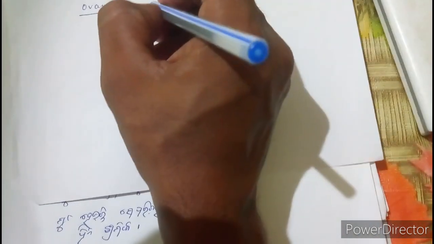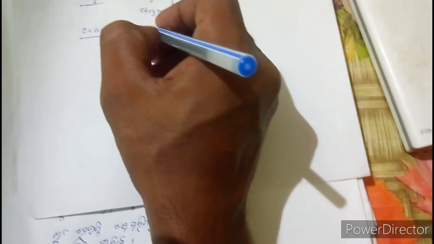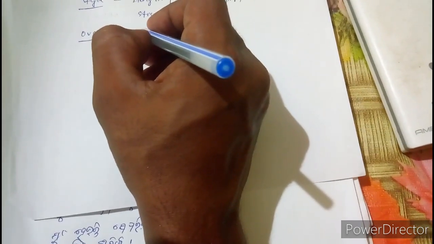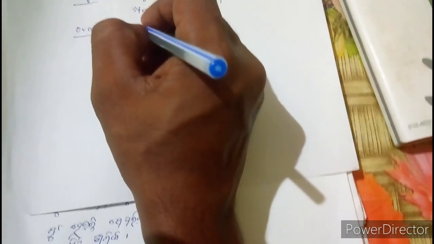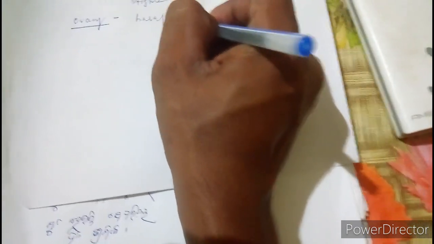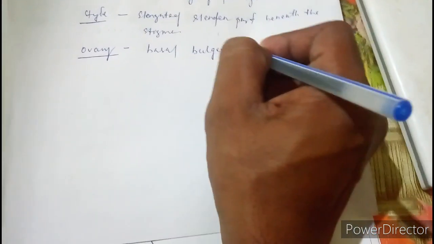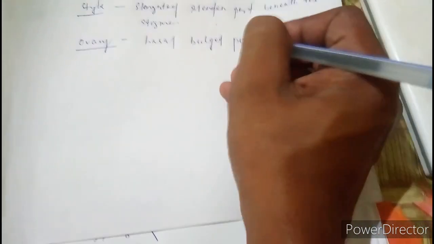Ovary is the bulged part at the base of the pistil.